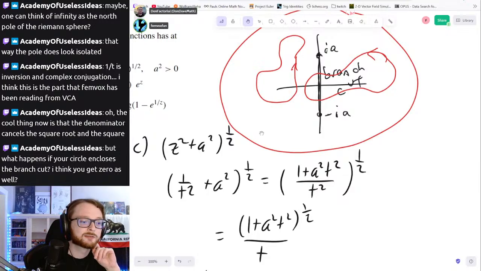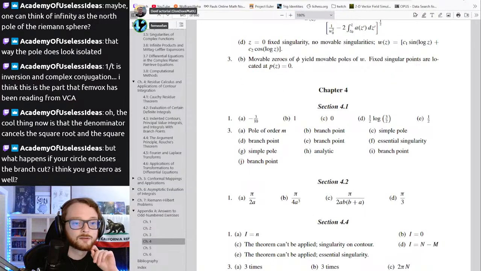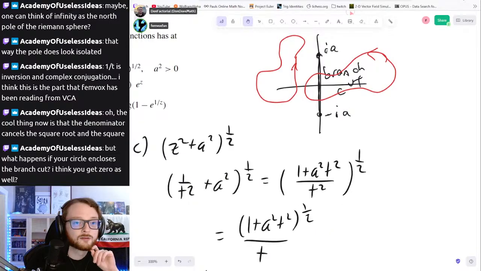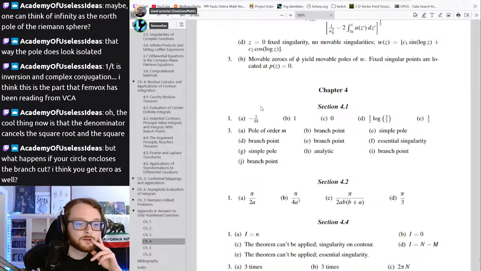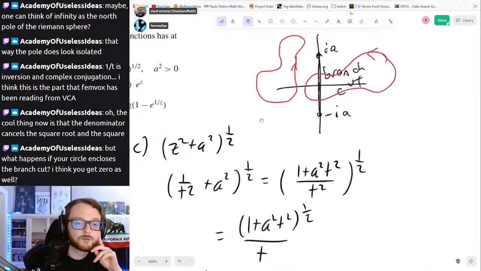I think you're not supposed to cross the branch cut. As long as you don't cross it, you can guarantee that your contour integral is 0, I think. But I want to know what happens if I cross it twice like this. I feel like I should still get 0. Maybe you can count the number of times you cross it.